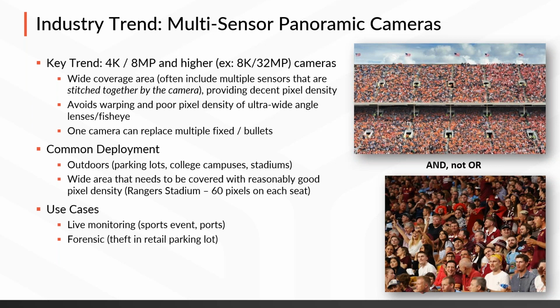And one of the trends we've seen here is the adoption of these cameras because they avoid poor pixel density, they avoid having to put up multiple individual cameras, and they avoid having to deal with dewarping. And the idea is that these give you the best of both worlds. Really wide angle view where the camera stitches together these multi-sensors to create a very nice panoramic image. So you get great pixel density and field of view.